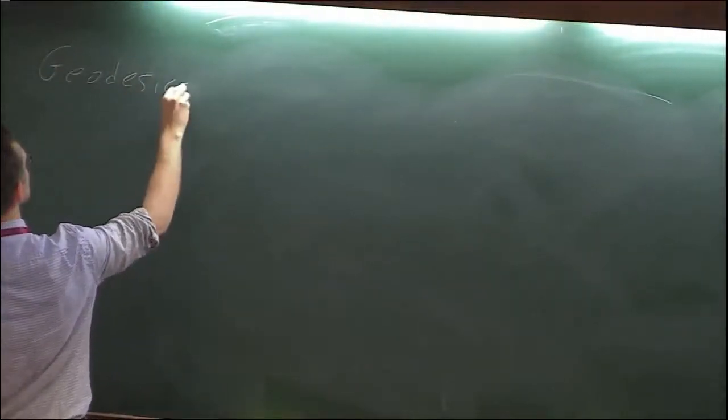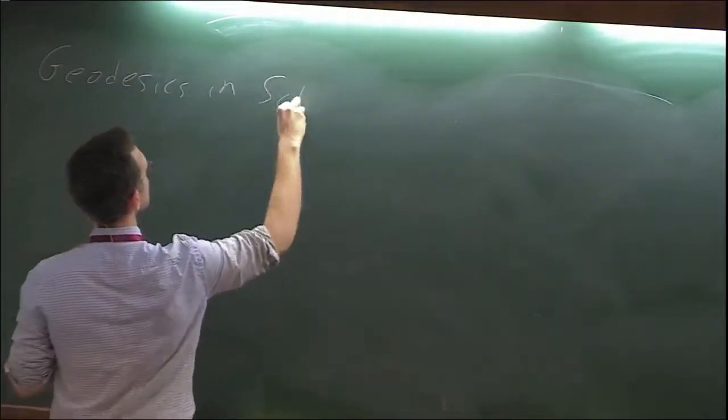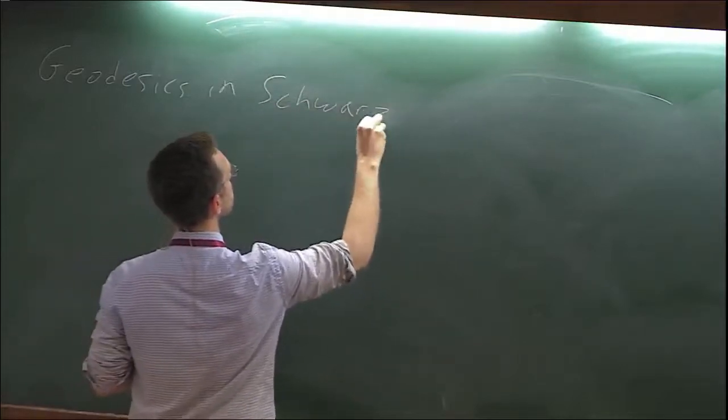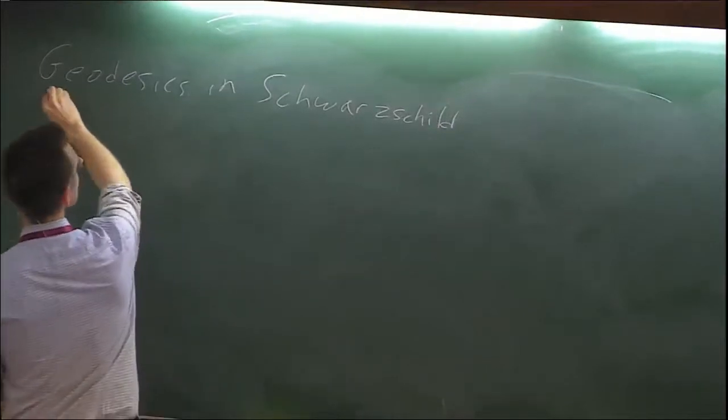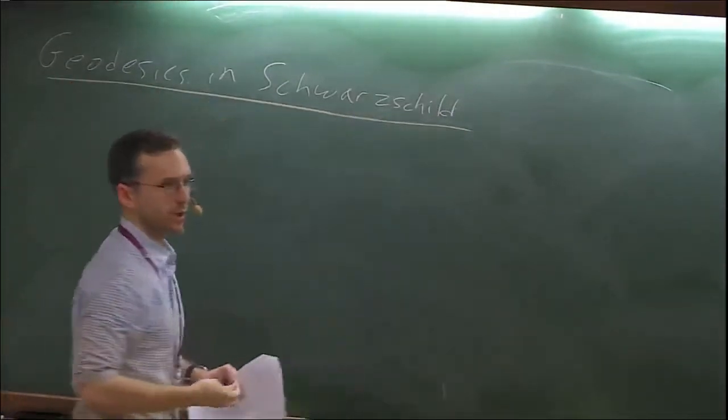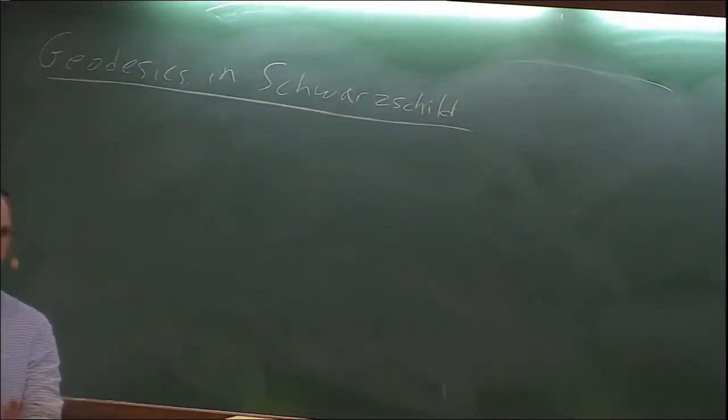Okay, so let's start in Schwarzschild. So, geodesics in Schwarzschild spacetime. The physically realistic case of an EMRI, the big black hole is going to be rotating. It's going to be a Kerr black hole. But let's just start with a simpler case where we assume the central black hole is non-rotating.